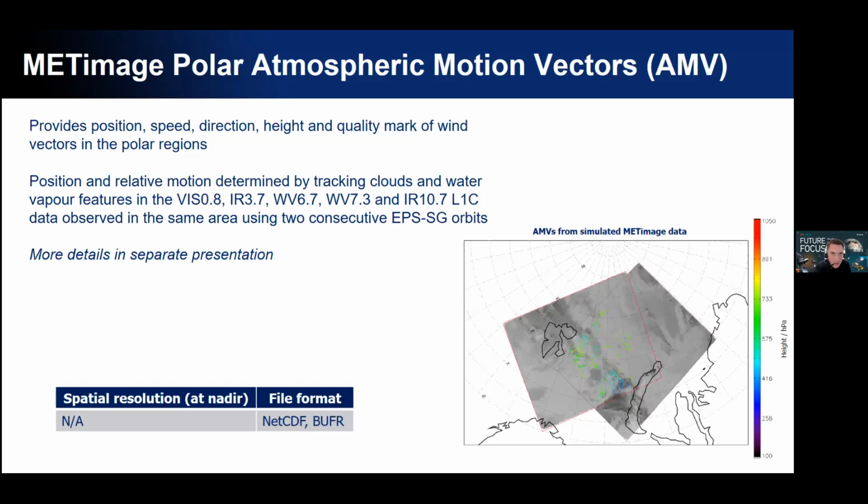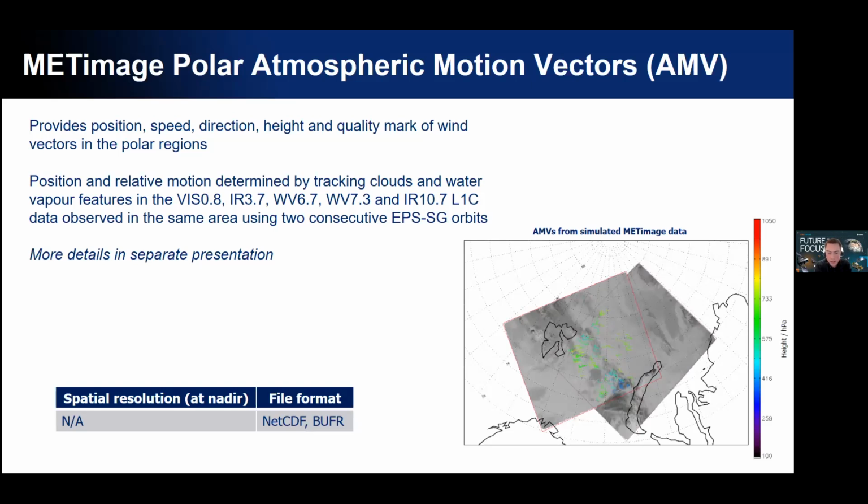And finally, we also have the polar atmospheric motion vectors. So this works very similar to the FCI AMVs, just that instead of having 2 consecutive repeat cycles, we take 2 consecutive orbits in the polar areas, usually with a time lag of around 90 to 100 minutes.